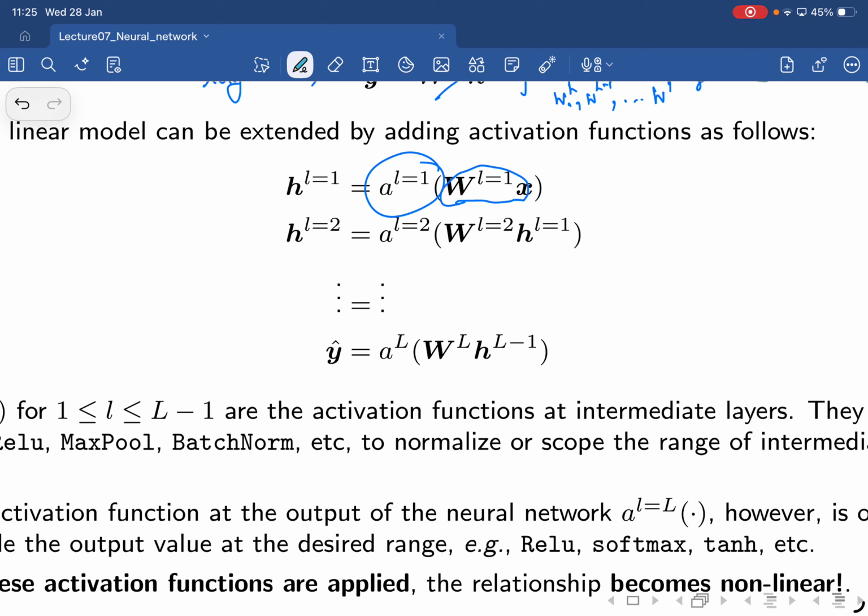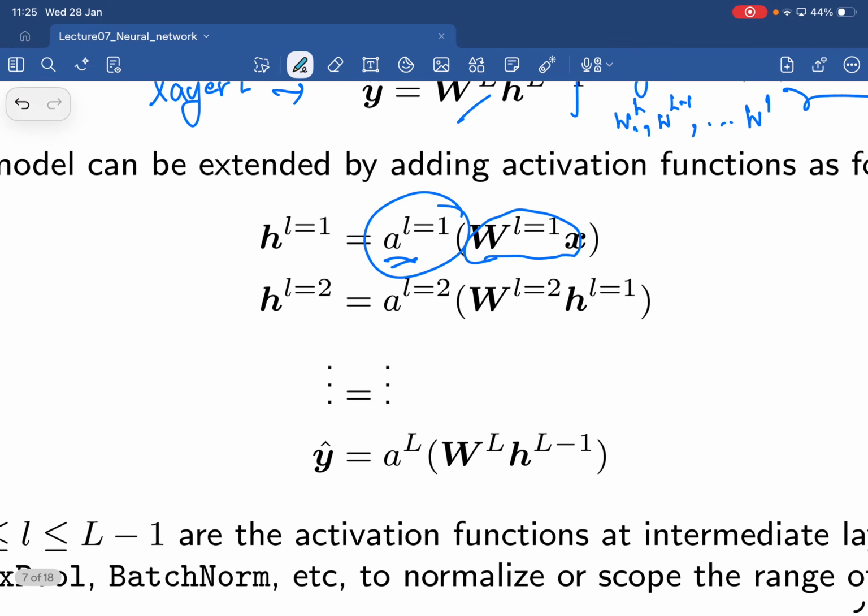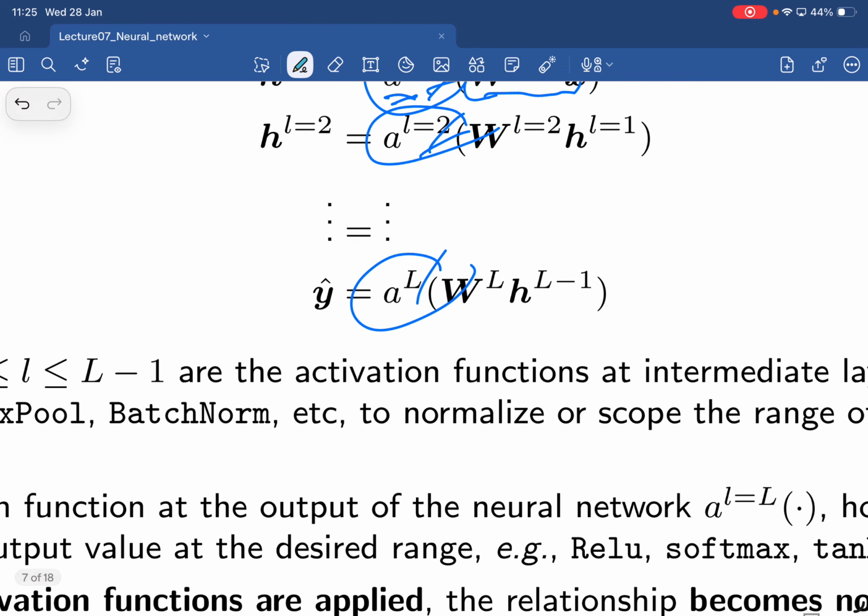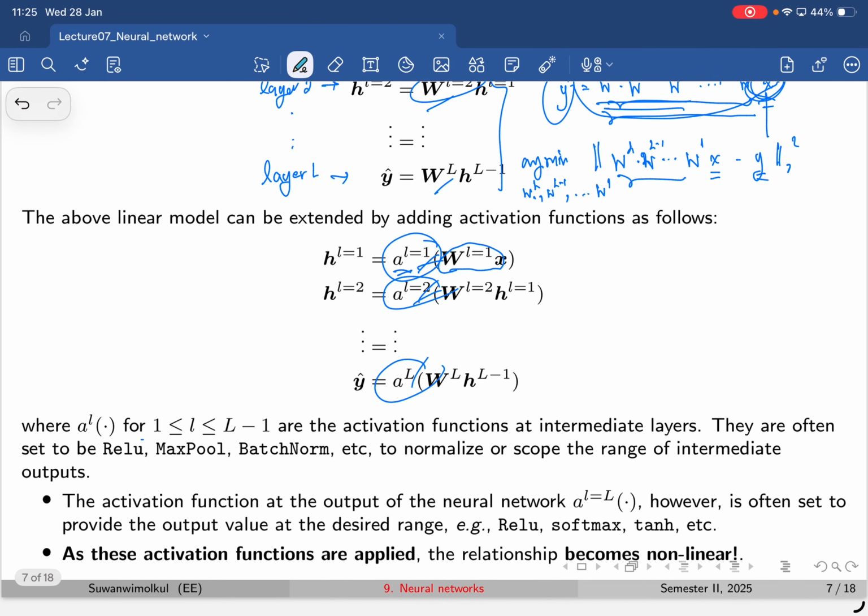For example, that L superscript 1 could be a sigmoid function that we learned in logistic regression as well. So in each layer you can add another function. It doesn't need to be just logistic regression. There are many nonlinear functions you can use, like ReLU, if you have heard of that before.